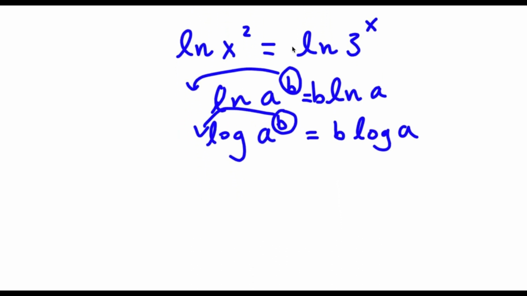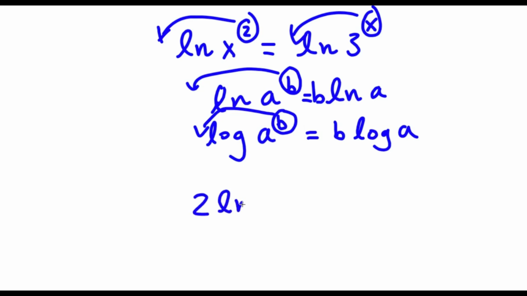So in this case, we're using ln, so now we can move our exponent here to the front, for both of them actually. So now I'm going to have 2 times ln x is equal to x times ln 3.